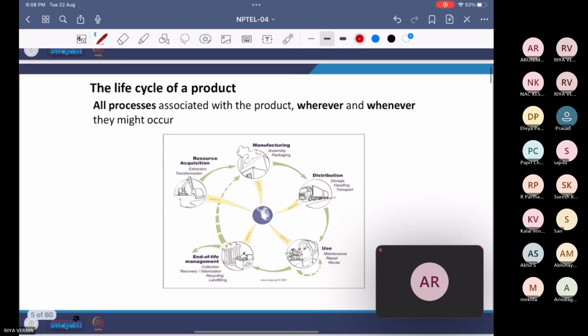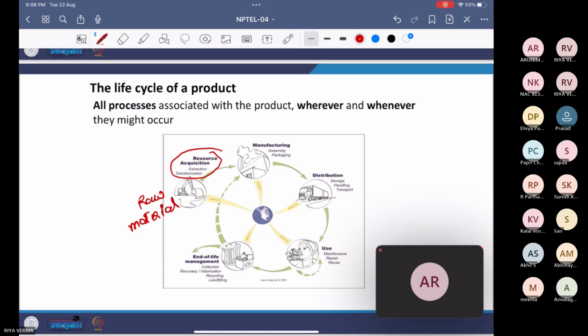So we have already read this cycle, the life cycle of a product, all the processes associated with the product, wherever and whenever they might occur. First one is resource acquisition, where extraction and transformation of raw material is done. Here we are concerned about the raw material related to our product.